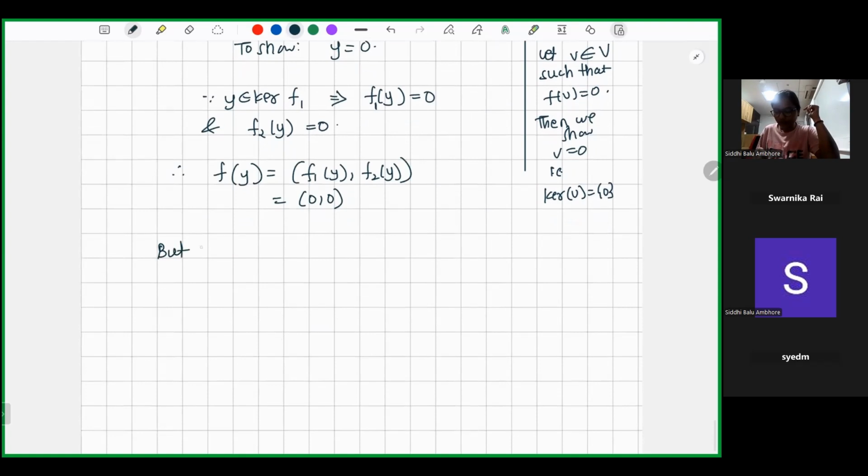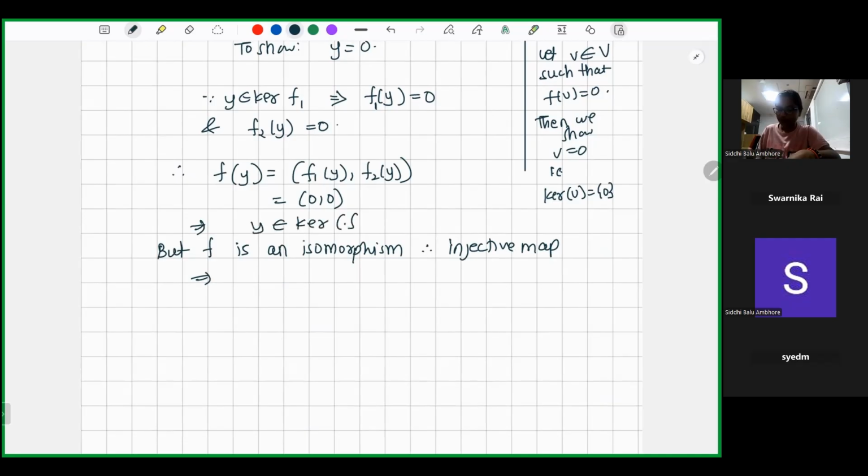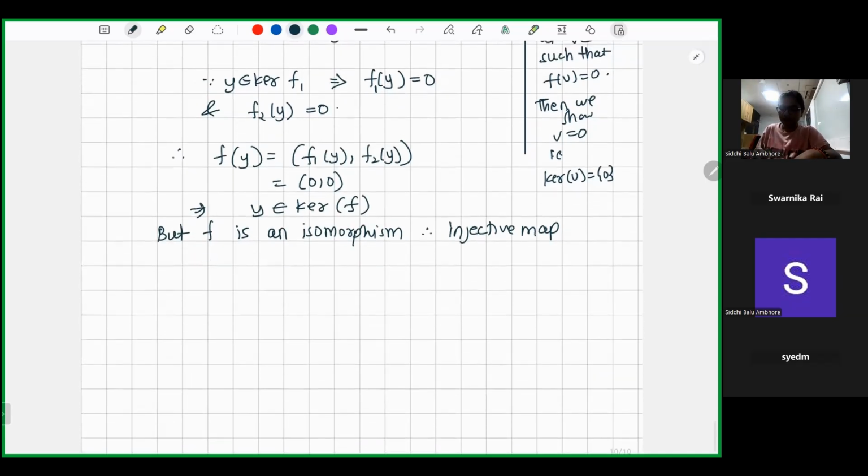But now F is an isomorphism, and therefore an injective map. This implies that Y belongs to the kernel of F, right? But since F is an isomorphism, that is F is an injective map, this gives me that Y is equal to 0.